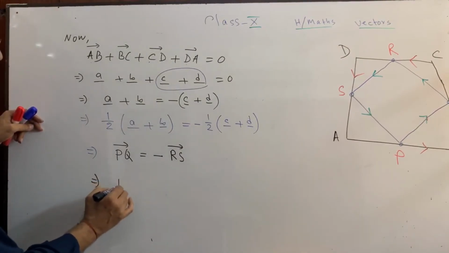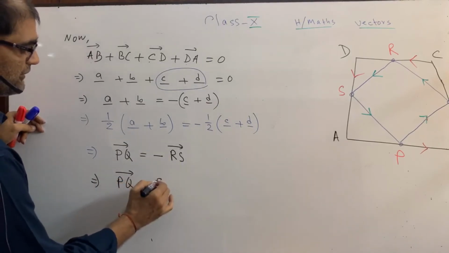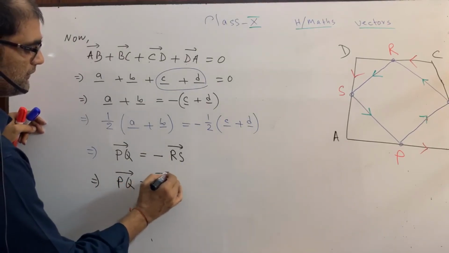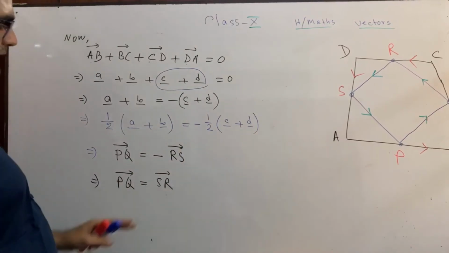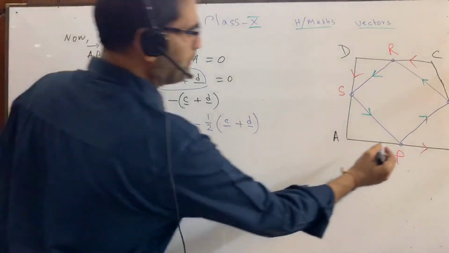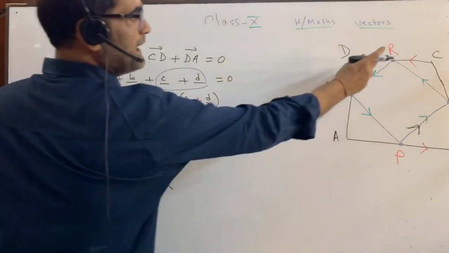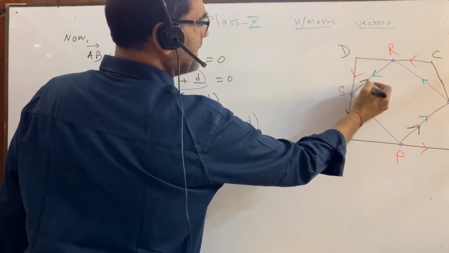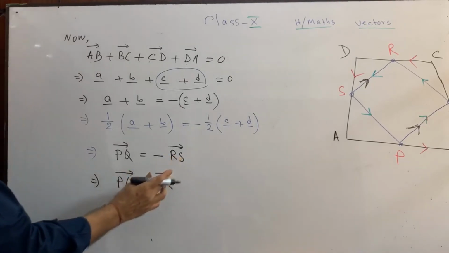Now you see what is minus RS. What is minus RS equals to? SR. Now you see it is S to R. Though it is given R to S, we are normally getting here S to R. And I think all of you know this.